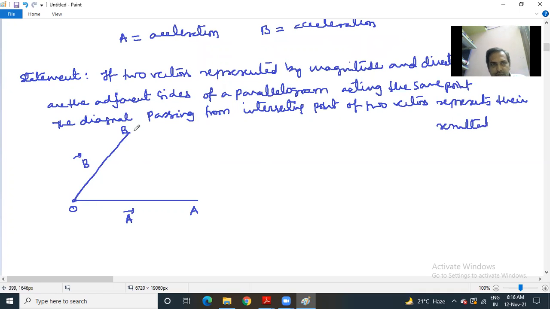For the numerical part, you need to remember this, but you don't need to write it, so paperwork should be very less. Now this is going to be the resultant.